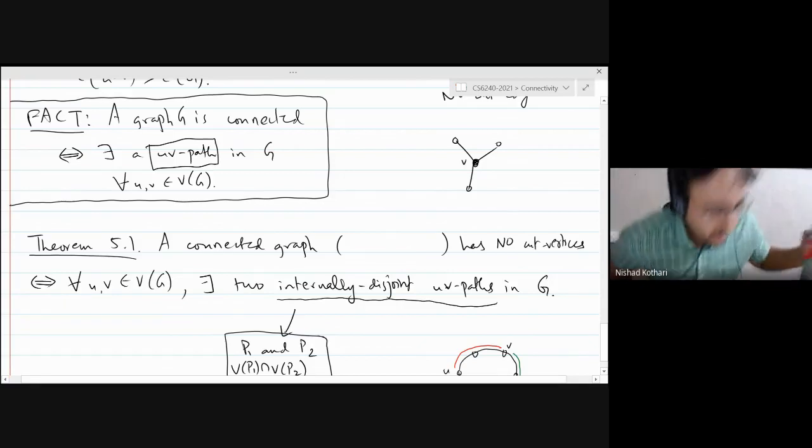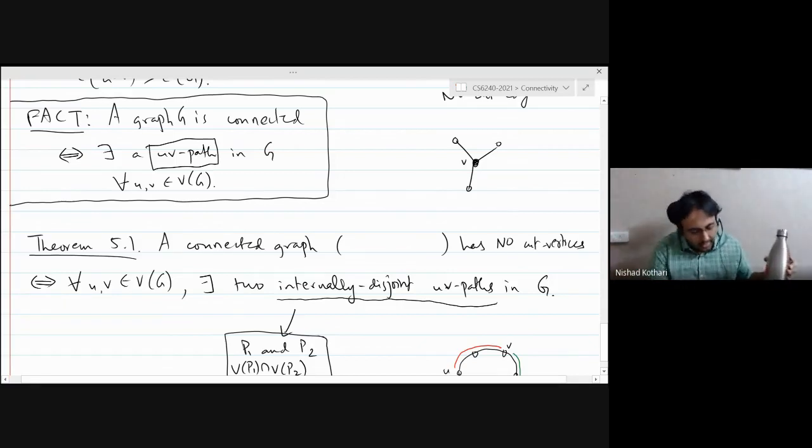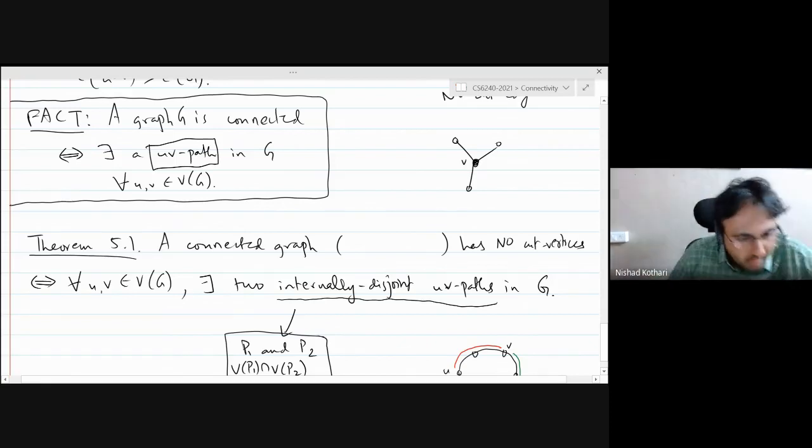I want a graph that has no cut vertices, but you can also not find two internally disjoint paths between two specified vertices. No guesses?